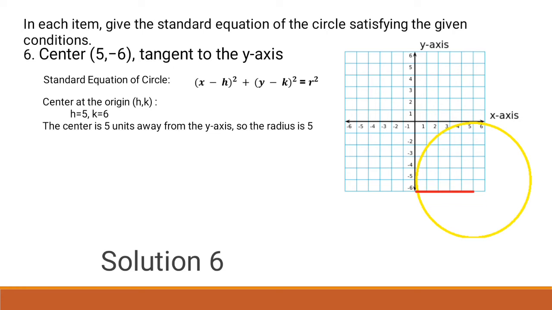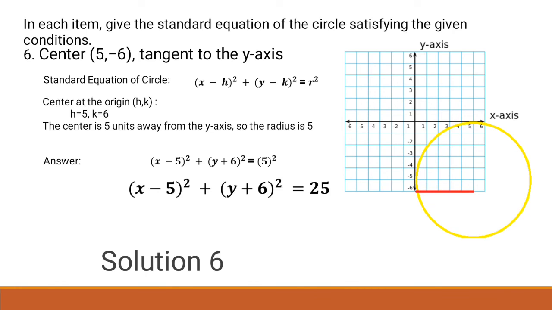The center is 5 units away from the y-axis, so the radius is 5. Therefore, our answer is (x - 5)^2 + (y + 6)^2 = 5^2.